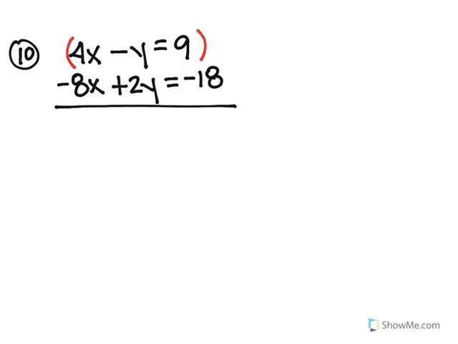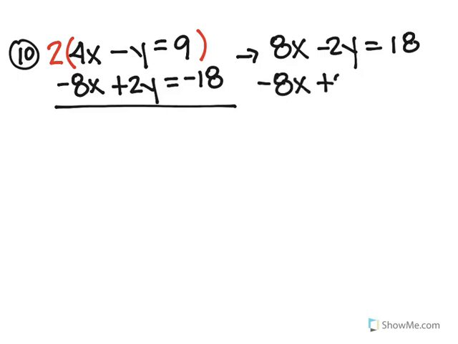If you multiply the top one by 2, you will get an 8 on your x and a negative 2 on your y, which will eliminate both the x and the y. But finish the problem out. We got 8x minus 2y equals 18 on top, and our bottom will stay the same.